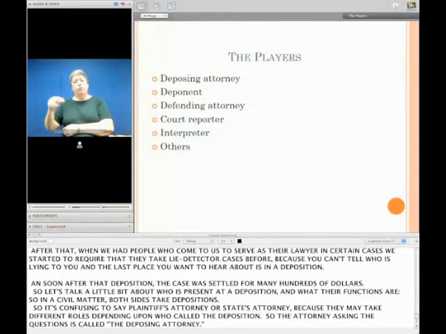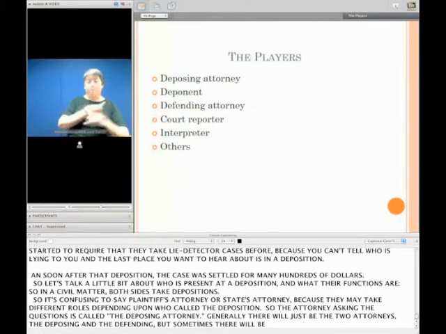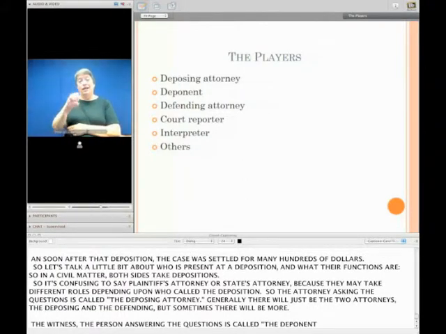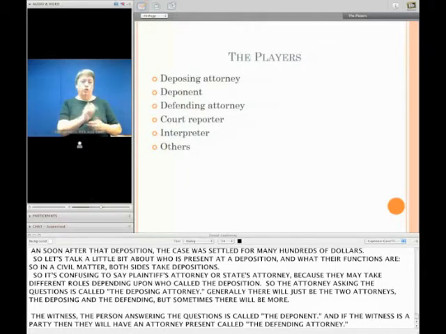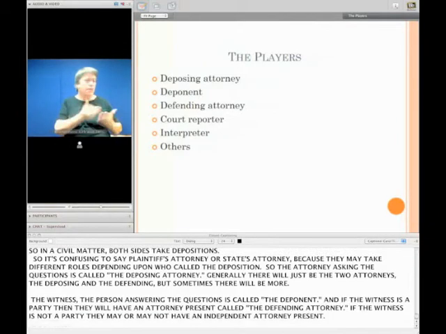Generally, it'll just be the two attorneys, the deposing and the defending, but sometimes there'll be more. The witness, the person answering the questions, is called the deponent. If the witness is a party, then they will have an attorney present called the defending attorney. If the witness is not a party, they may or may not have an independent attorney present. So there could be three attorneys there for non-party witnesses.